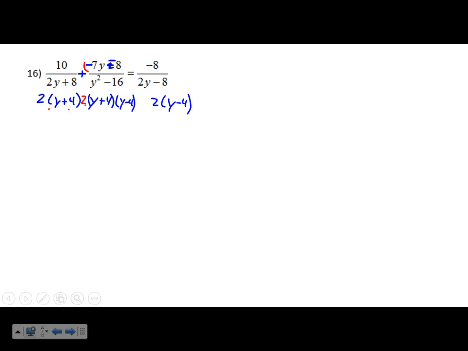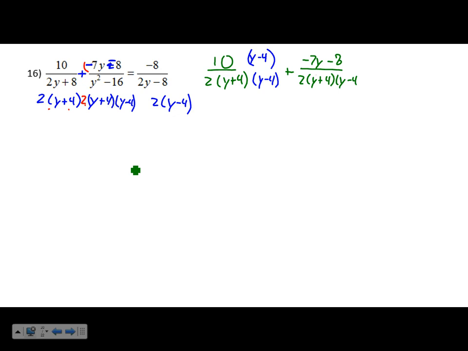Let's rewrite this one. So we have 10 over 2 times y plus 4. And we just said we're going to multiply that one, the top and bottom, by y minus 4. Then we have plus negative 7y minus 8 over 2 times y plus 4 times y minus 4.